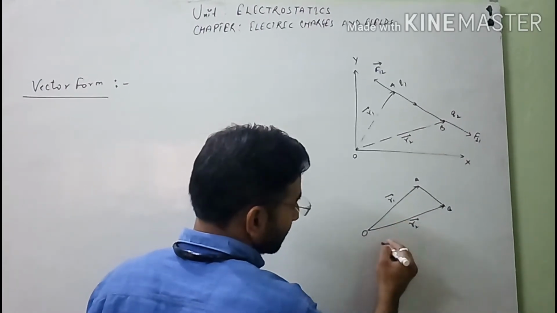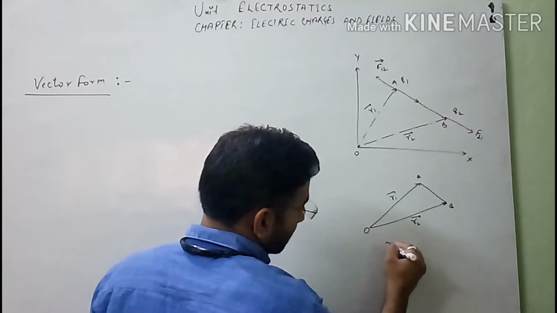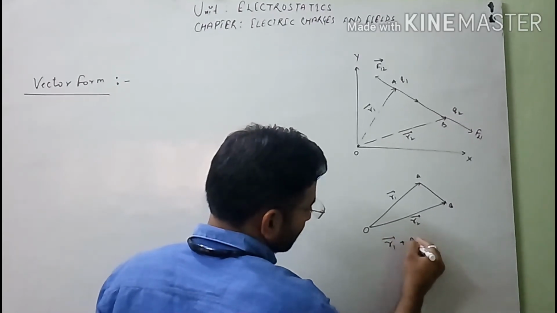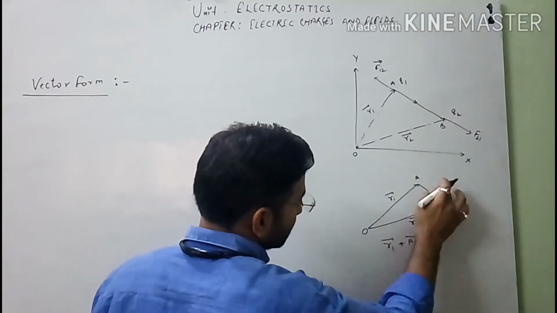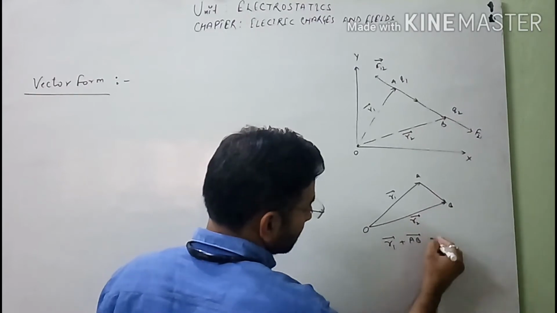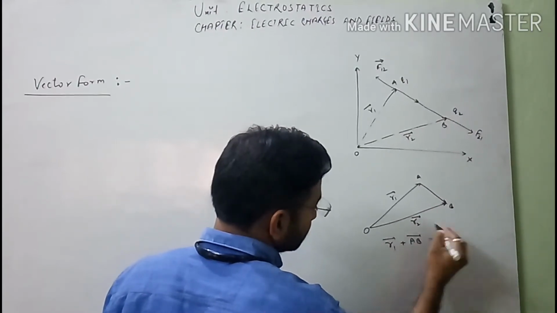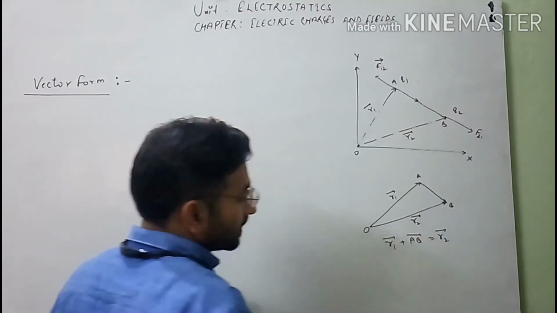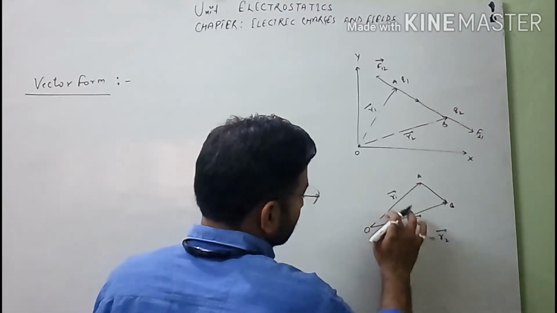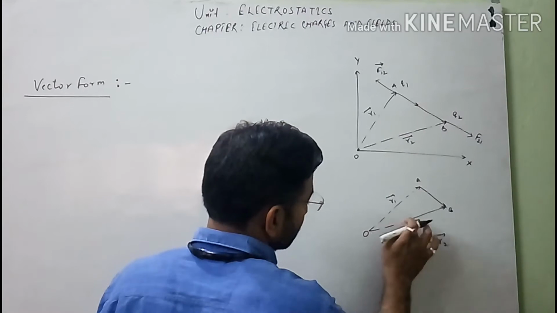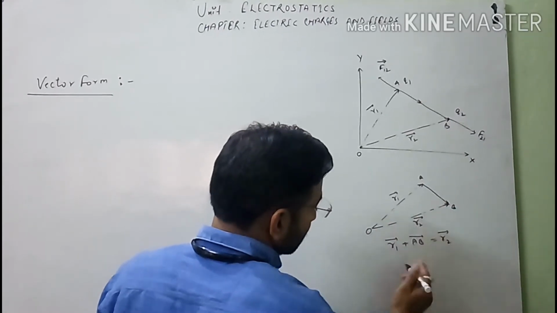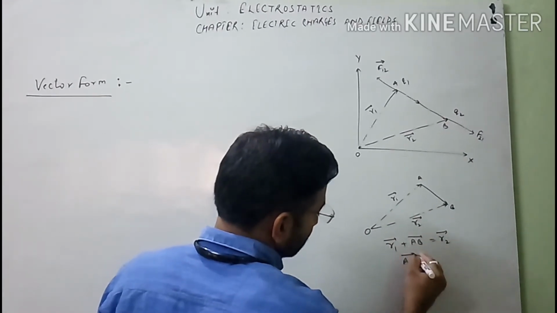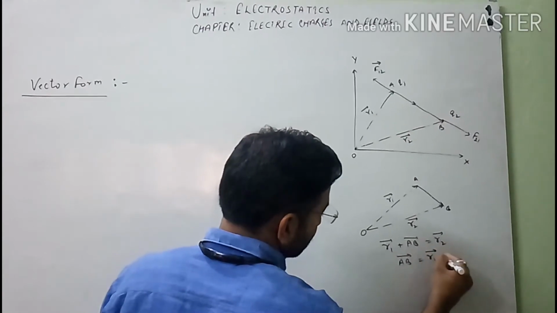By using vector addition, we can write R1 vector plus AB vector is equal to R2. Clear, students? You discussed this vector addition in class 11th, so I am writing directly: AB is equal to R2 minus R1.